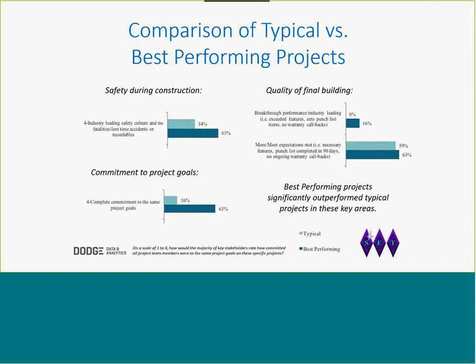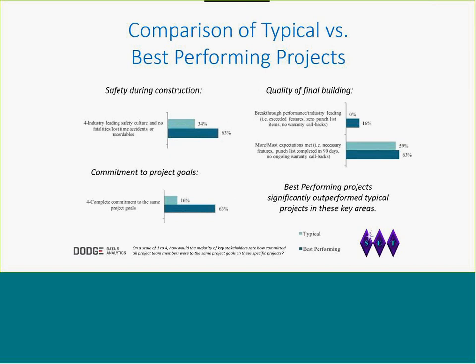The first one is safety during construction. 34% of companies have some kind of accident, even fatalities in projects, but the best performing companies don't have that, and up to 63%.